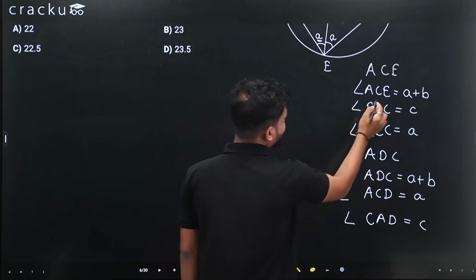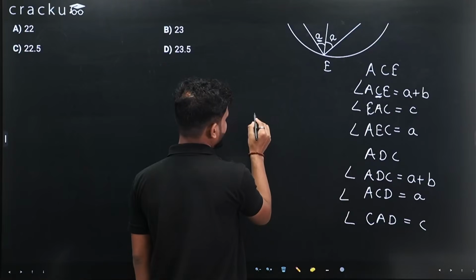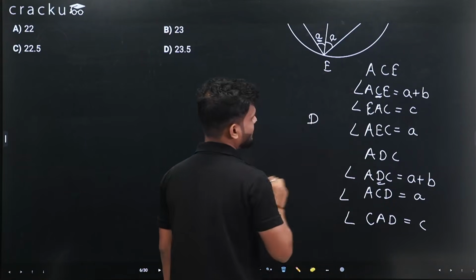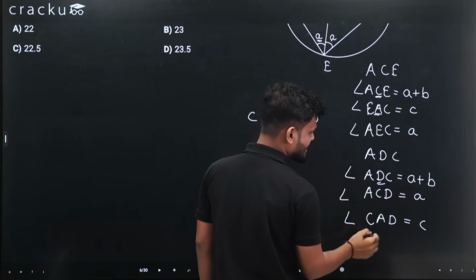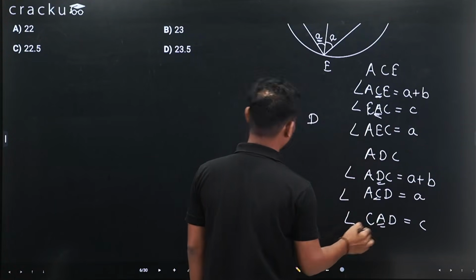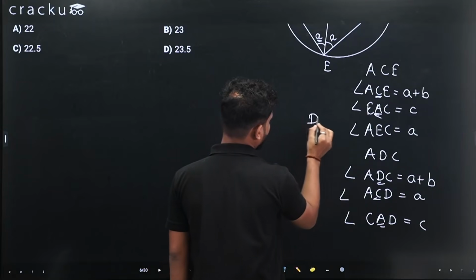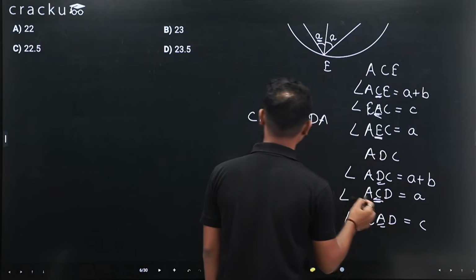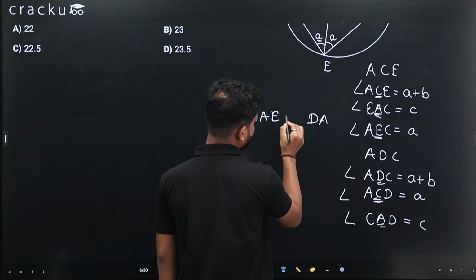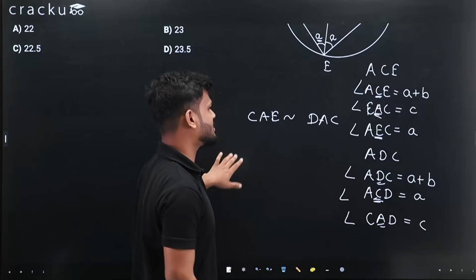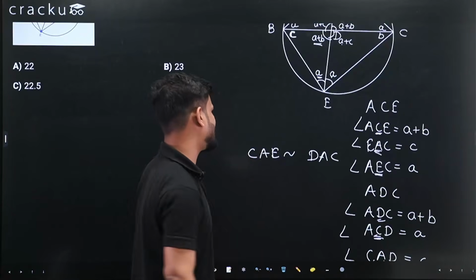So I can say here C is there, which is equal to here D. Now here A is there, which is equal to here C. Oh, sorry, here A is equal to here A only. And the remaining one, here it is E, here it is C. So these two triangles will be similar to each other by the AAA test of similarity.